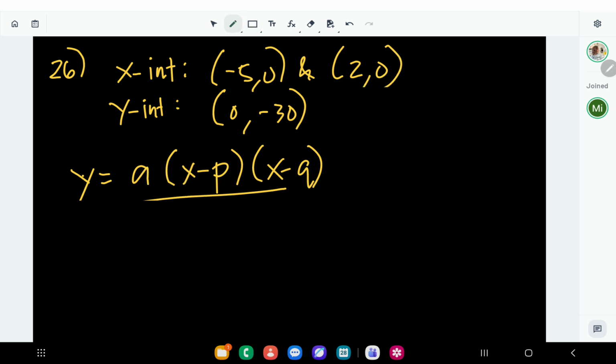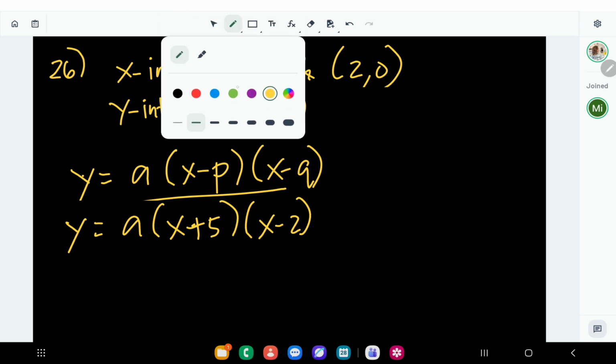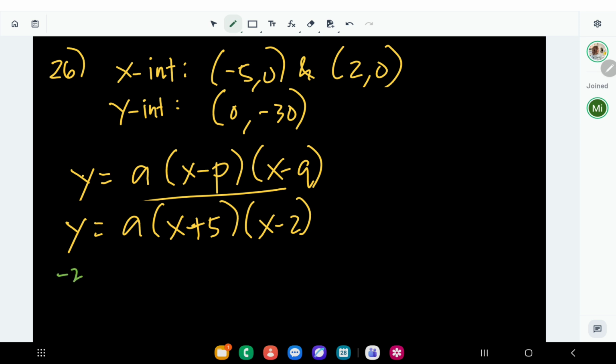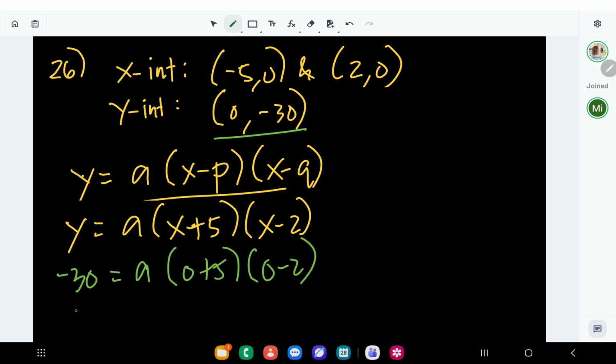For intercept form, that means we plug in the x-intercepts. So this is y equals a times x plus 5 times x minus 2. Yes, you solve for a by using the y-intercept. So this is negative 30. We plug in this point: a times 0 plus 5 times 0 minus 2. So this is negative 30 equals negative 10a, right?